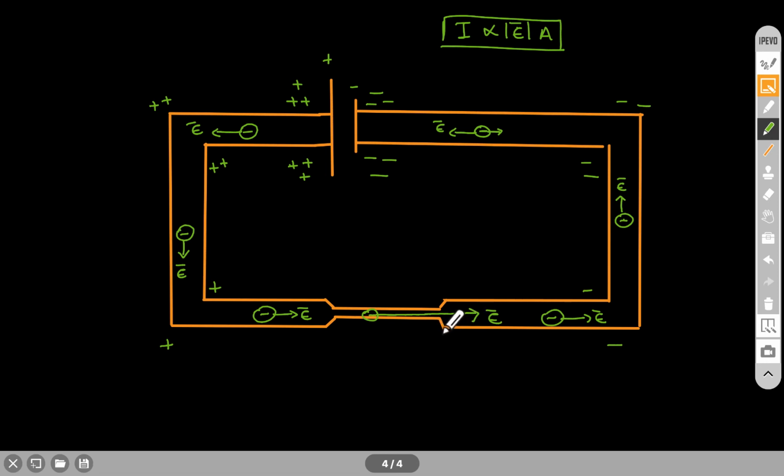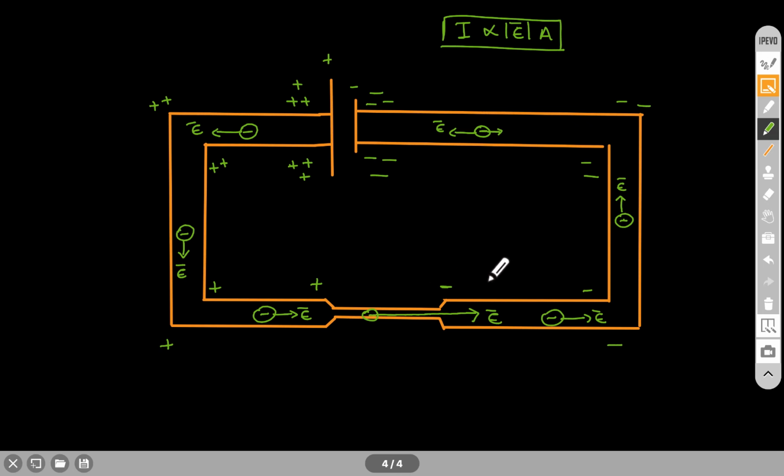When I arrive though at the difference between this point and this point, it needs to be greater than 1. For example, how can it be greater than 1? If you place 1 minus here and 1 plus there, then you get a difference of 2 because you have plus 1, minus 1. The difference here is 2.